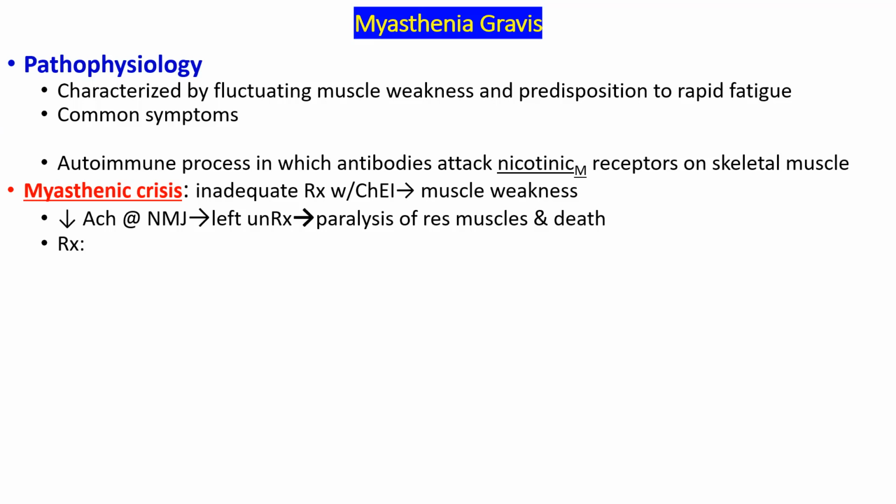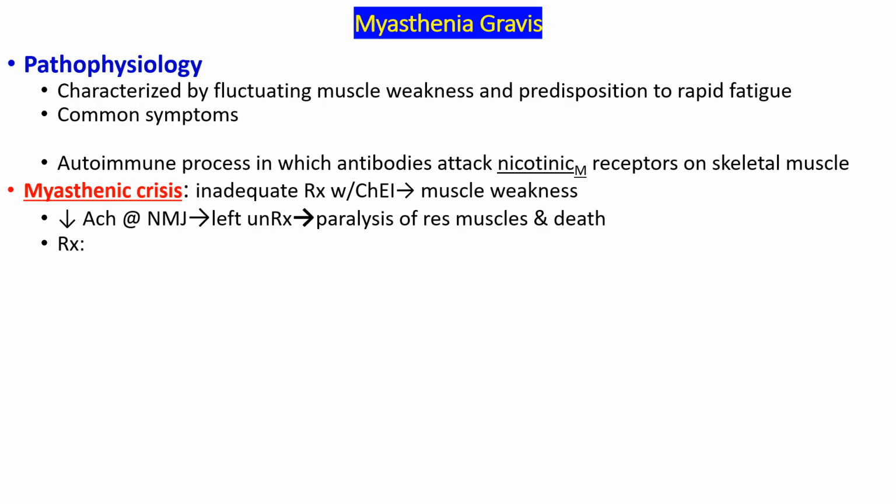So it's an autoimmune disease in which antibodies attack the nicotinic receptors on the skeletal muscle. The patient can develop myasthenic crisis, in which there is inadequate treatment with cholinesterase inhibitors, resulting in muscle weakness.